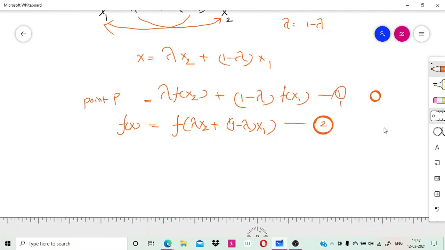Okay, so what the definition of a convex function is saying is that if you compare equation number 1 and equation number 2, then equation 2 must always be less than or equal to equation 1.